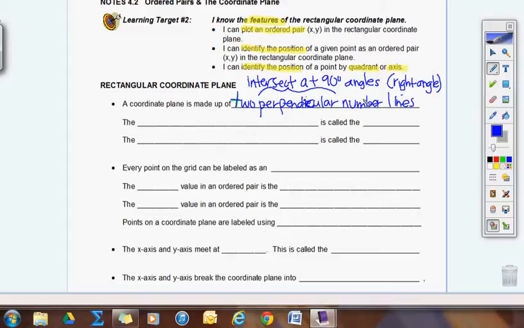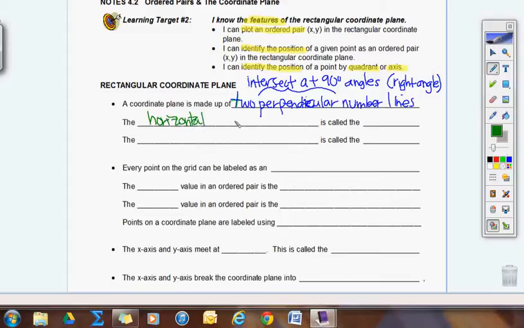In chapter 3, we were using a number line to graph inequalities with the open dots, solid dots, and shading, and now we're going to look at two perpendicular number lines. One of them will be horizontal, just like we did in chapter 3.